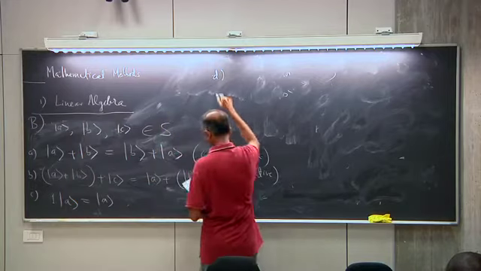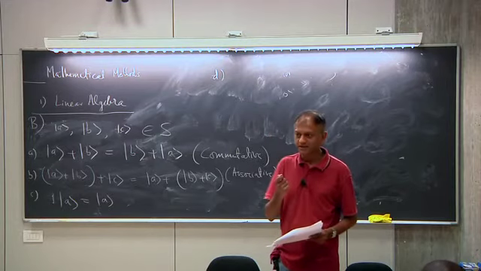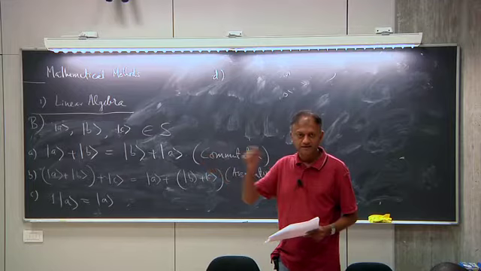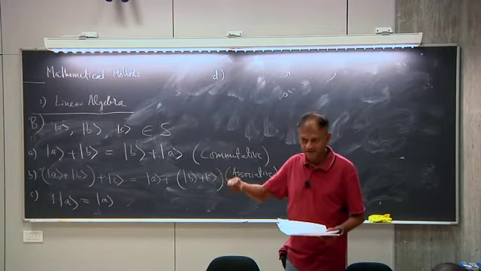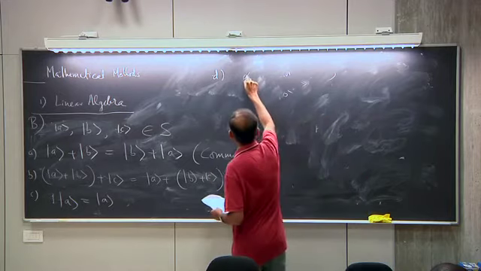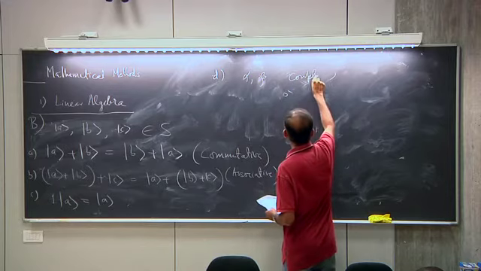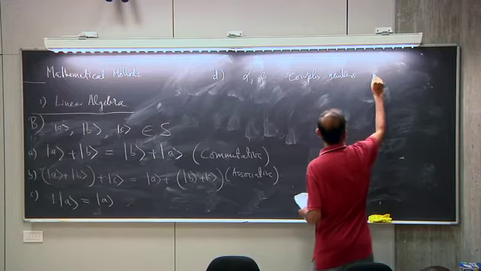Then another thing, you can ask the question, suppose I have two numbers, alpha and beta. Suppose I first multiply by beta, which is some vector, then I multiply by alpha to the resulting vector. So I take alpha, beta, two complex numbers, and A is a vector.